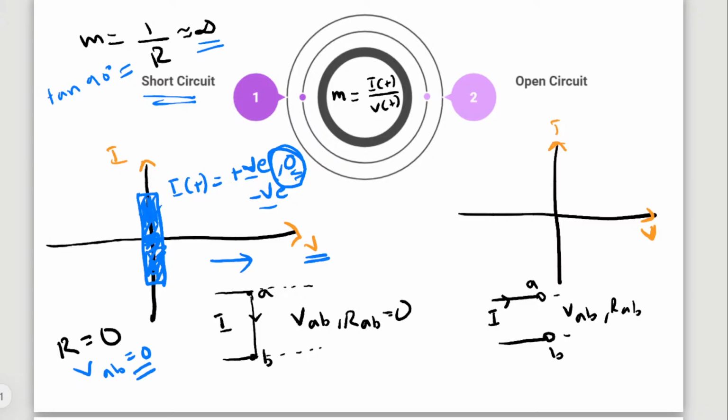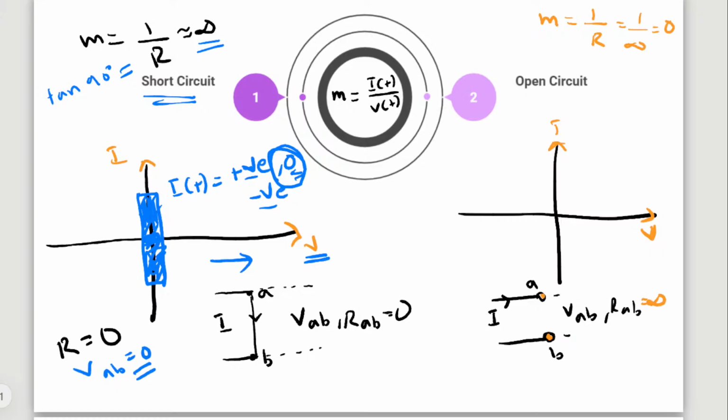Okay. Now let's consider the next side. Here also the slope is nothing but 1 by R. But in this case, it is open circuited. Then what is the resistance across this? This is infinity. So 1 by infinity is 0.